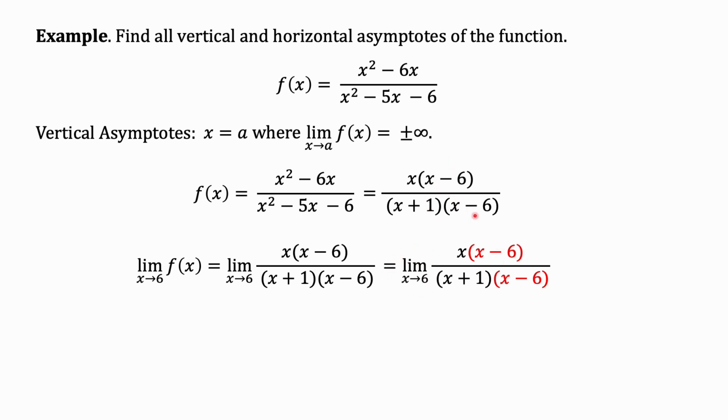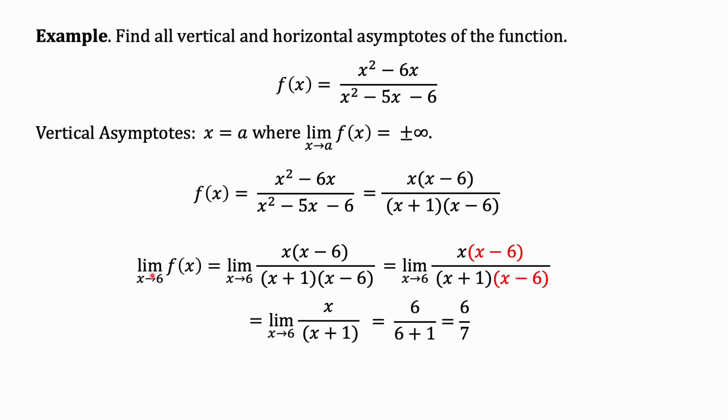I couldn't cancel them up here in the function itself. We can cancel those in the limit. And so then our limit just becomes the limit as x approaches 6 of x over x plus 1. At this point, we can just plug in 6, and we get 6 over 7.